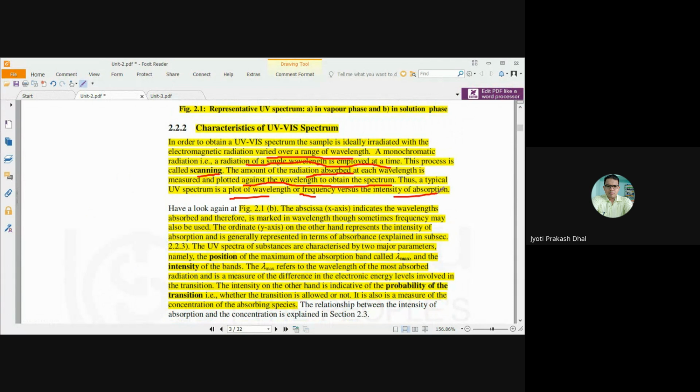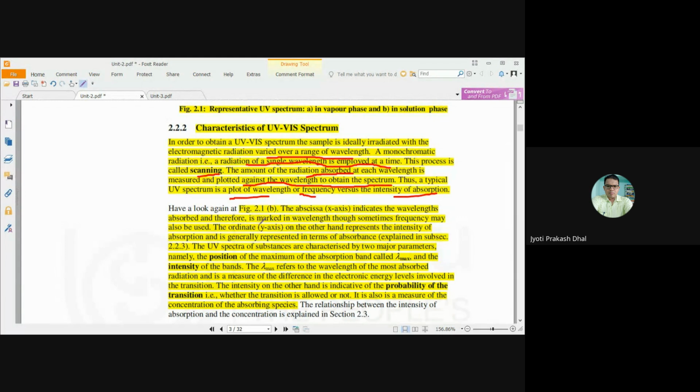Now, according to the characteristics of the sample, it will absorb electromagnetic radiation of particular wavelength. So it will not absorb the electromagnetic radiation of the remaining wavelengths. At the particular wavelength at which the sample absorbs the radiation, the absorbance will increase. So that's why we will get the spectra.